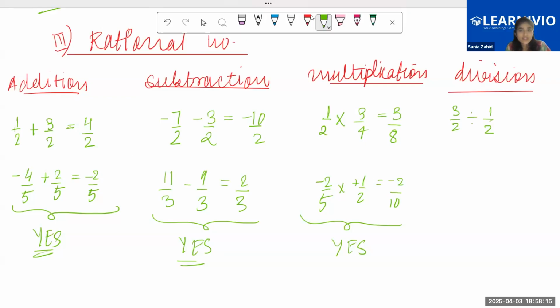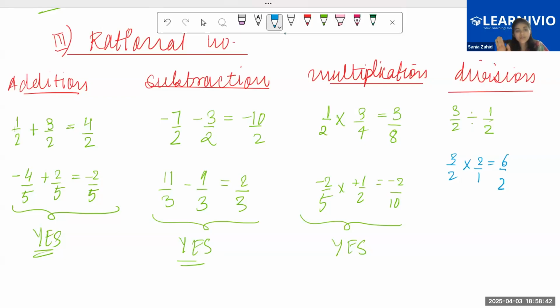You remove the division sign, so what do you have? A multiplication sign. You take the reciprocal of the next number. So 3 by 2 into 2 by 1 becomes 1 by 2 reciprocal, and now you multiply the numbers: 6 by 2. So whenever you have division of rational numbers, remember 3 steps: remove the division sign, put a multiplication sign, take the reciprocal of the other number.